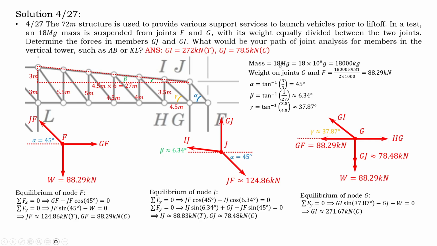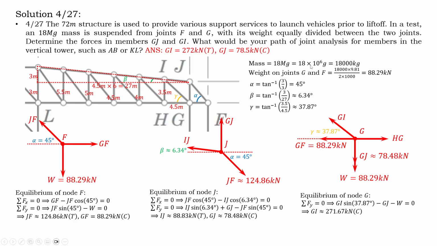So 18 Mg is the mass. G is not 9.8, it's not an acceleration. It doesn't have an acceleration unit. Mega means 10 to the power of 6. For example, have you heard about megabyte or gigabyte? Mega means 10 to the power of 6.